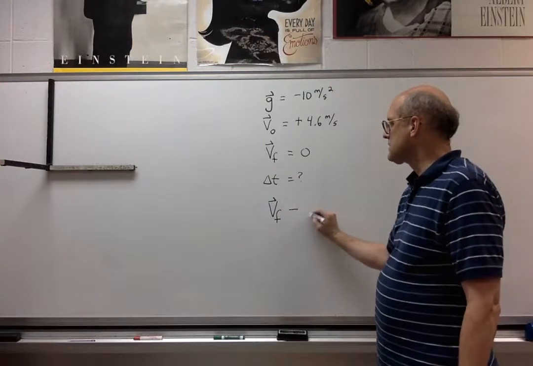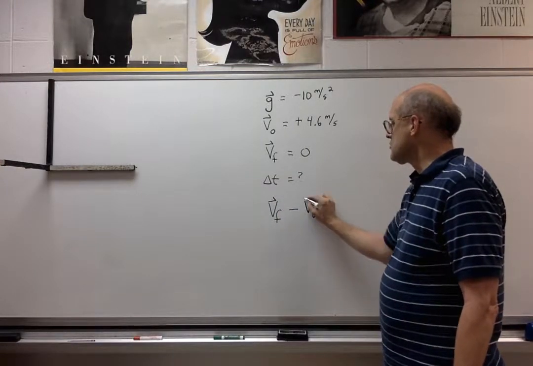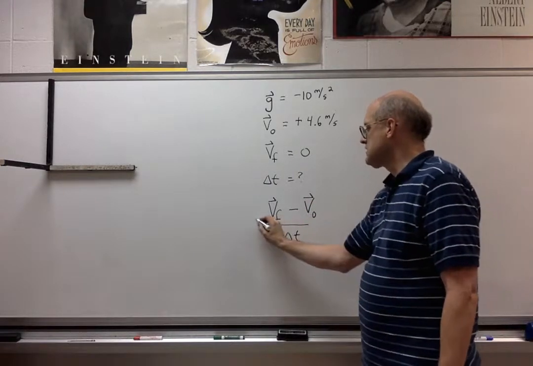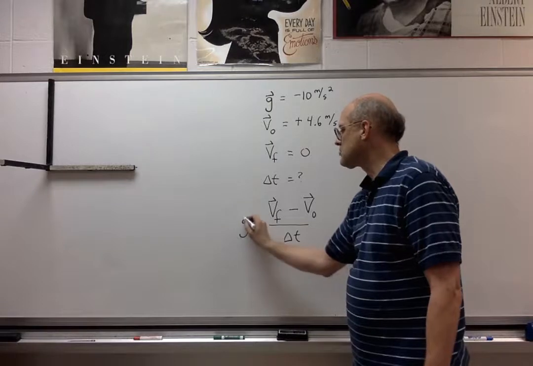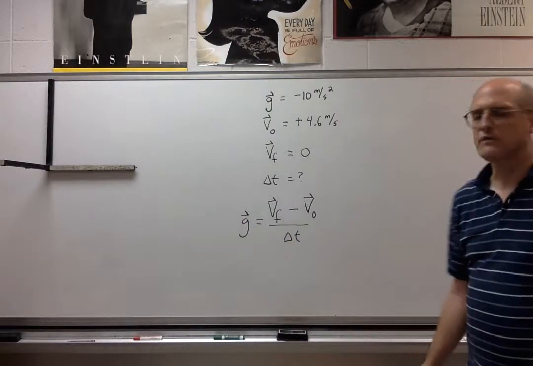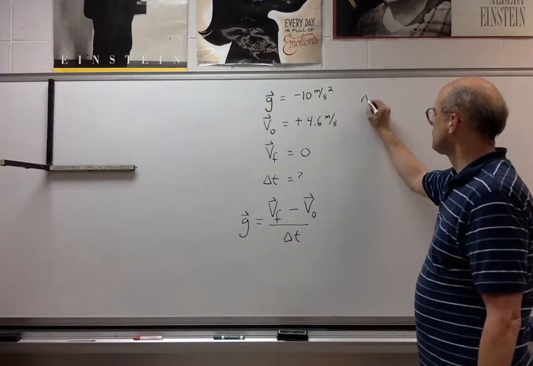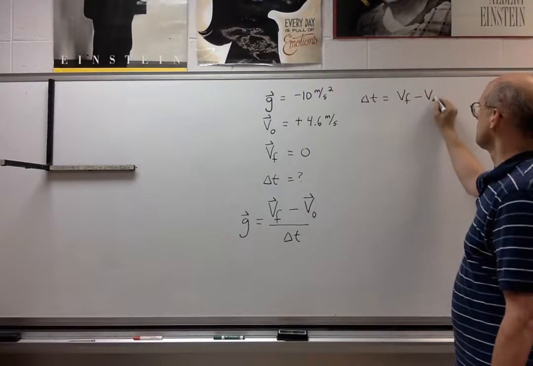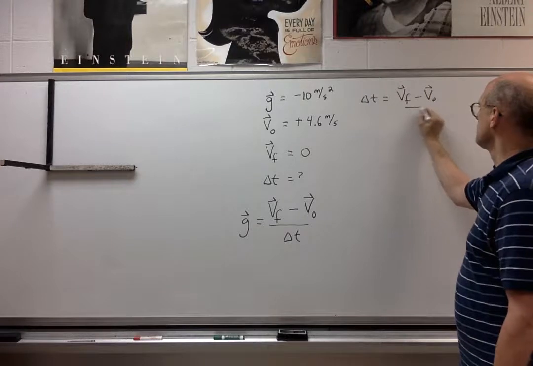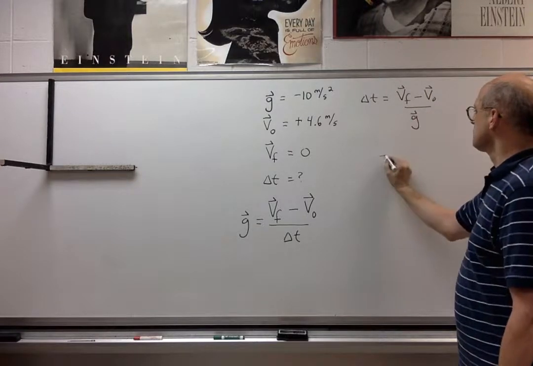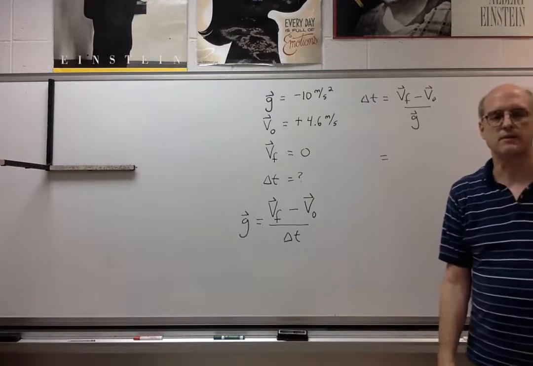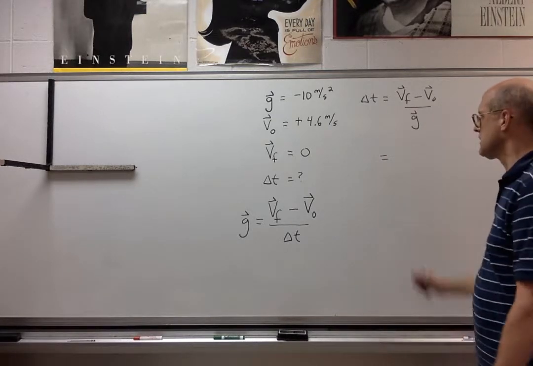So the final velocity minus the original velocity divided by the time is equal to the acceleration. Now solving that for time, you get that the final velocity minus the original velocity divided by the acceleration is equal to the time.